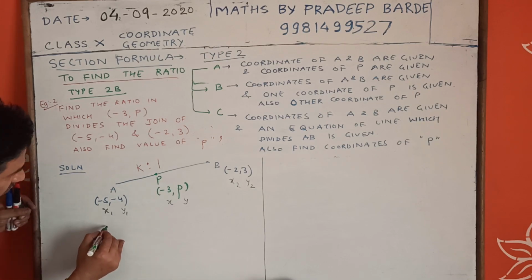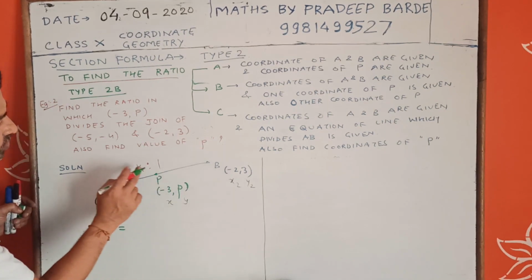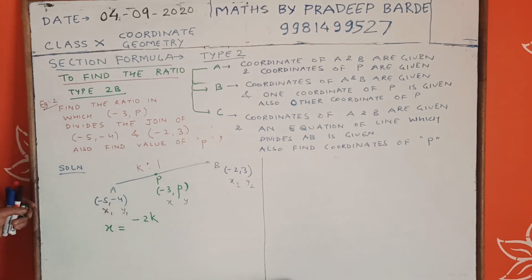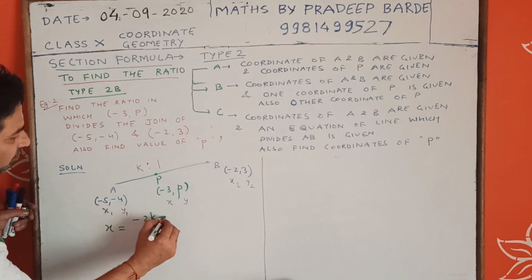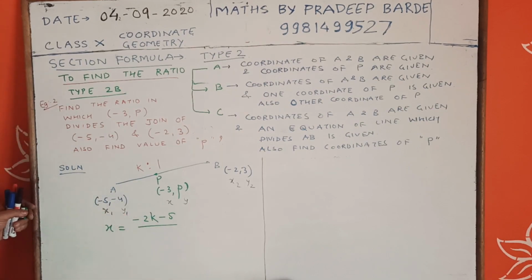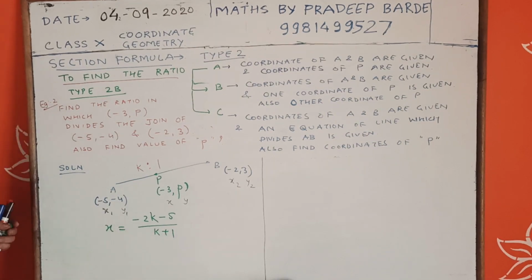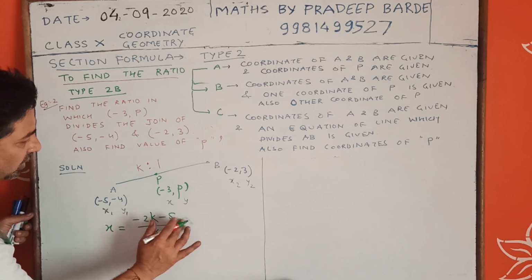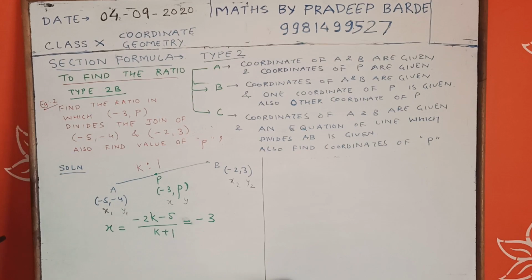Like this we will have x is equal to m1 x2, so k into -2, plus 1 into -5 upon m1 plus m2, that is k plus 1. So here we have, and this is equal to x की वैल्यू है -3, so this is equal to -3.